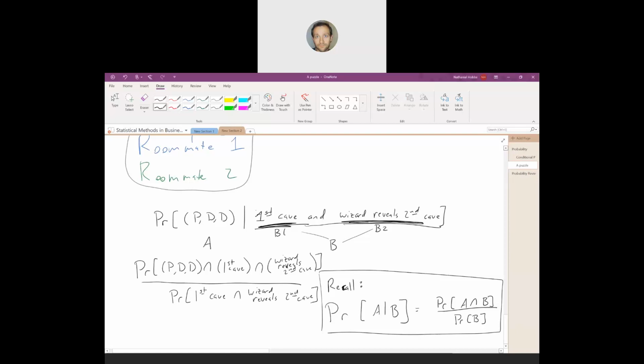Let me use words here, I guess. All that I'm doing is taking this equation and plugging it in. So the probability of A and B is this whole thing, divided by the probability of B.